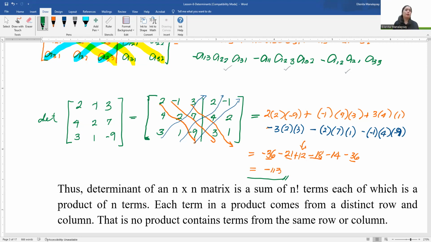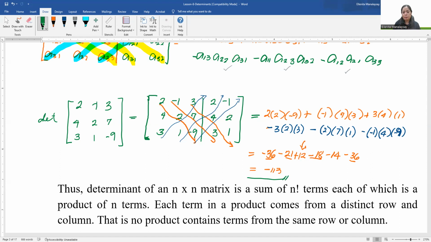So what are the important points here? From our discussion, we were able to define permutation, or the arrangement of numbers, inversion, and how to determine the number of inversions. And then if we have an even number, we call that an even permutation, while if we have an odd number, that is an odd permutation.